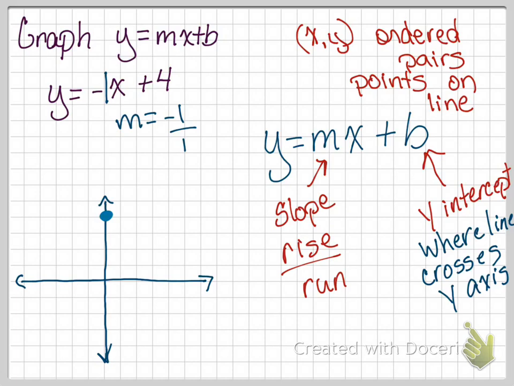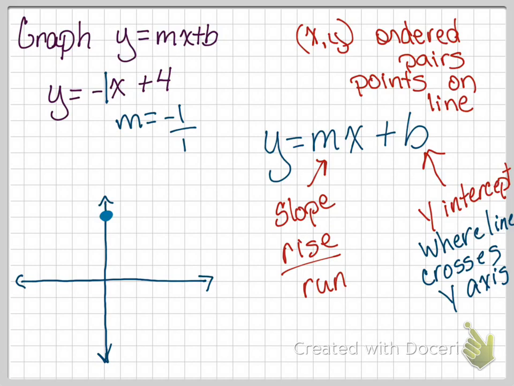So if I've got an integer, and an integer can be positive or negative, then I just put that over 1. So if I've got the number 2 in front of the x, it's 2 over 1. If I've got the number negative 3, it's negative 3 over 1. Okay? So you have to think of your slope as a fraction. And if you're not given a fraction, remember that all numbers can be written over 1.